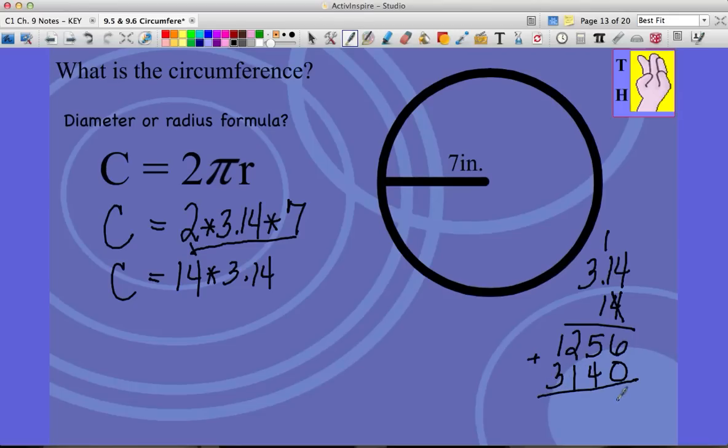I add these together. I get 6, 9, 3, 4. Again, I have 2 numbers after the decimals, so I move it 2 places to the left. The circumference of my circle is 43.96 inches.